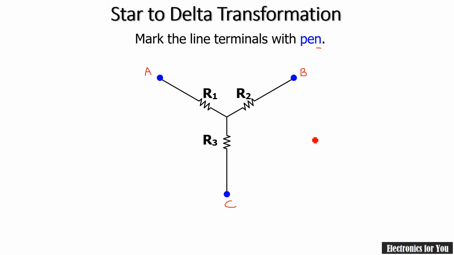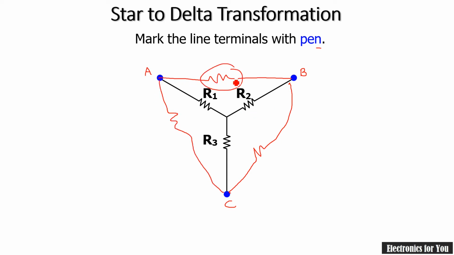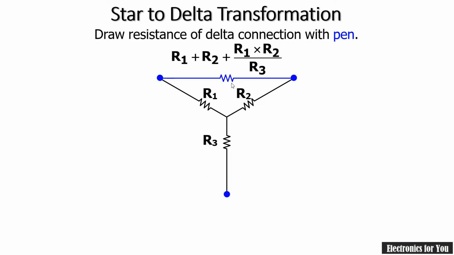So what I will do here, I will draw resistances like this and like this, so as to form a delta connection. So first resistance is this one. Let us draw it, and it will be replaced by a formula, that is R1 plus R2, means this resistance is having the equivalent resistance as formula for this is R1 plus R2 plus R1 into R2 upon R3.